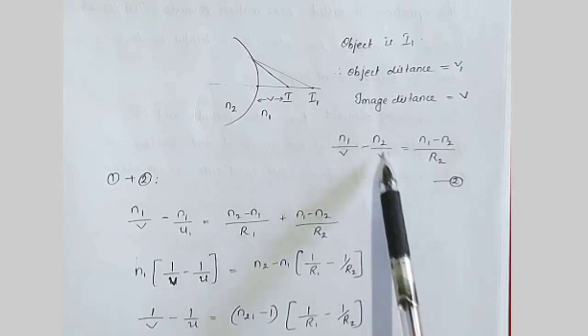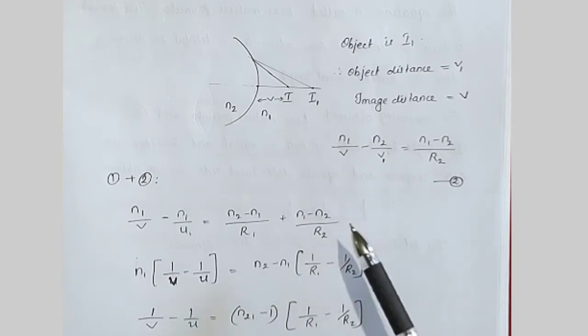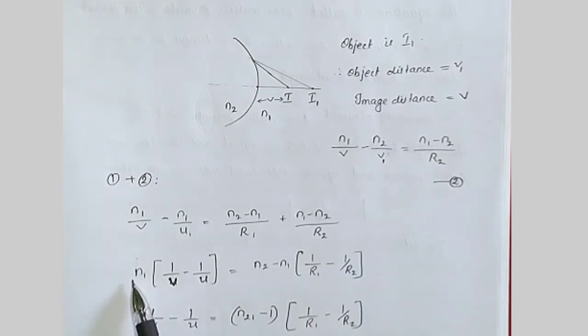So, the term n2 by v gets cancelled, and thus we obtain this relation. Now, on rearranging, we can write n1 into 1 by v minus 1 by u is equal to n2 minus n1 into 1 by r1 minus 1 by r2.